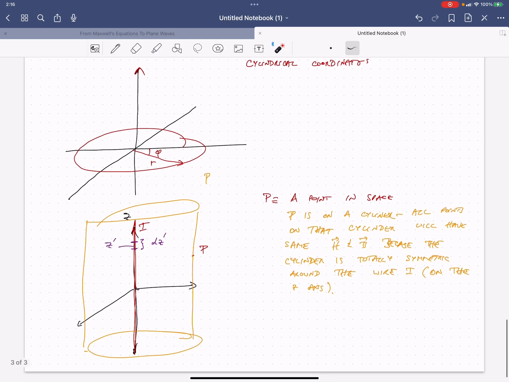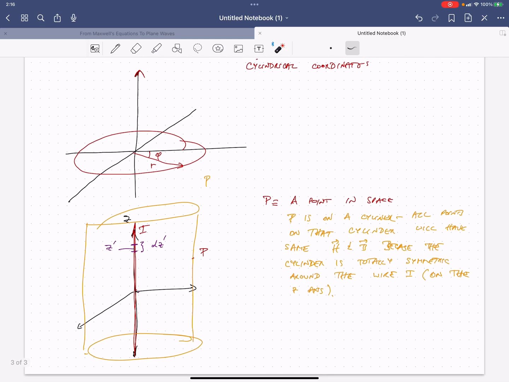So, as usual with these things, we first have to figure out the vectors.